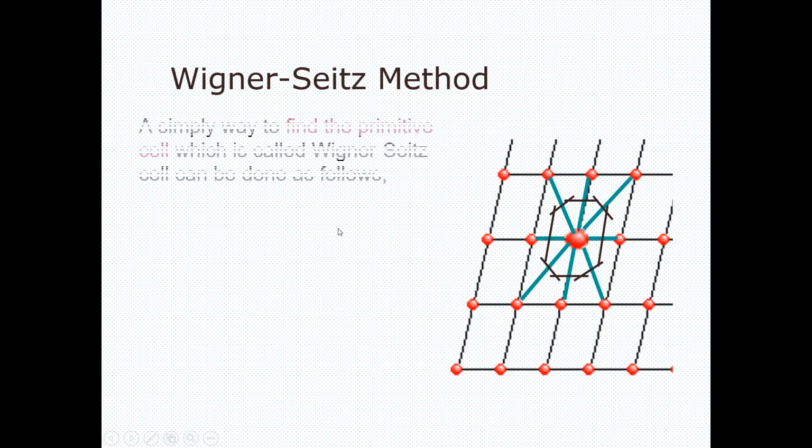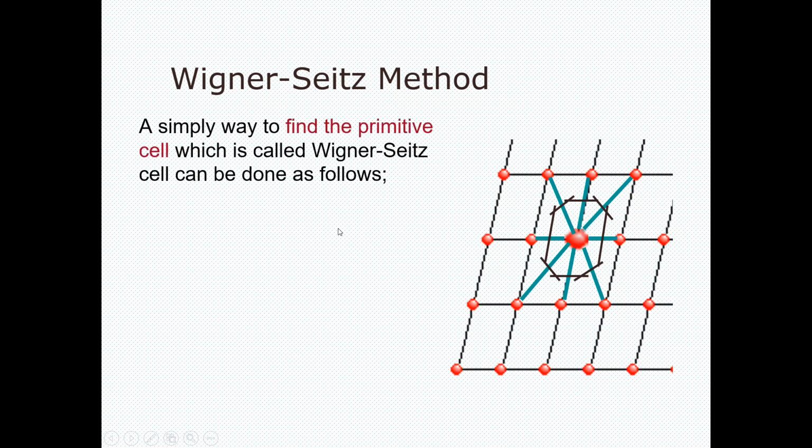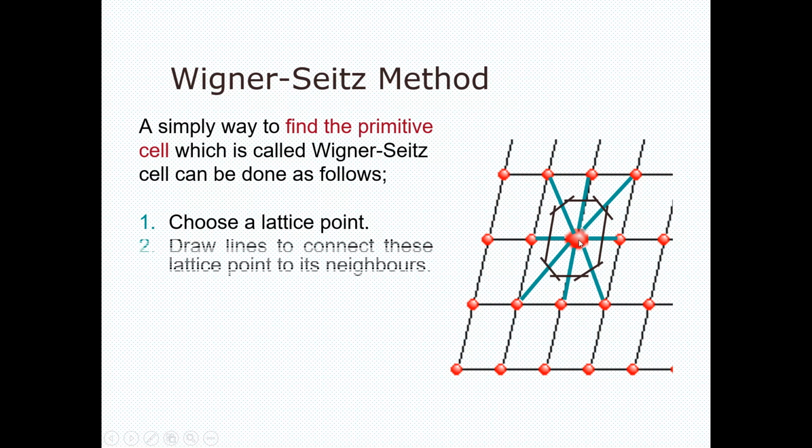In standard text, the way to find the primitive cell, which is called the Wigner-Seitz cell, can be done as follows. These are the simple steps. First, we choose a lattice point, just as we did here, this point. Then draw lines to connect this lattice point to its neighbors. So we draw these lines, and this particular point is connected to its nearest neighbors.